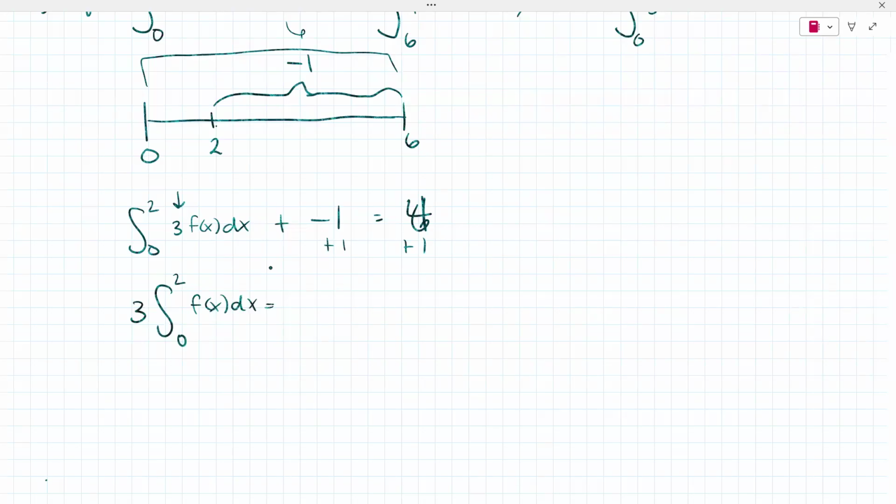And then 4 plus 1 is 5, and then you bring down this 3. So it's going to be 3 times 5, which is 15. Okay, so the answer is 15.